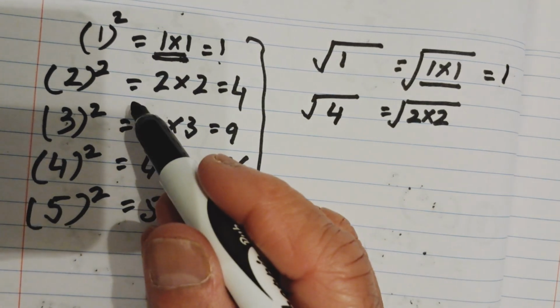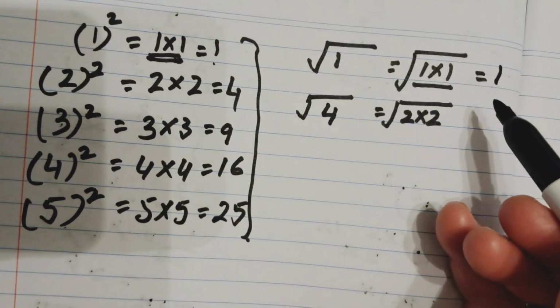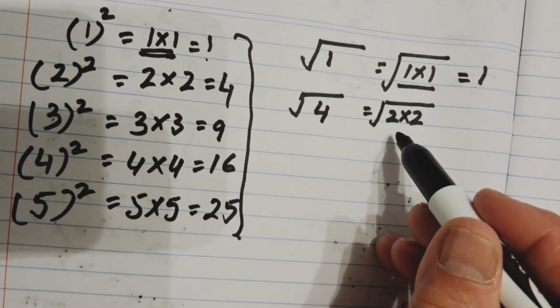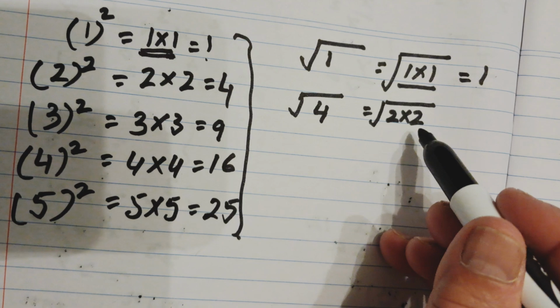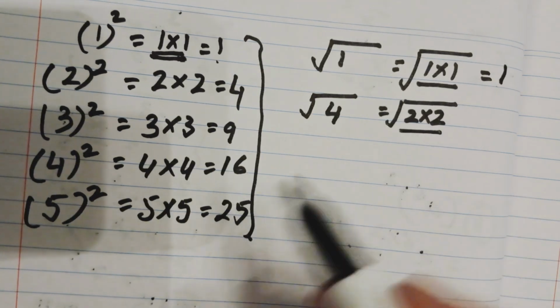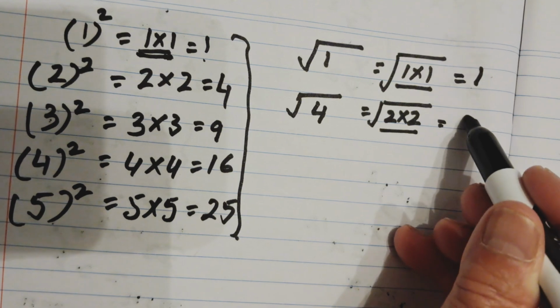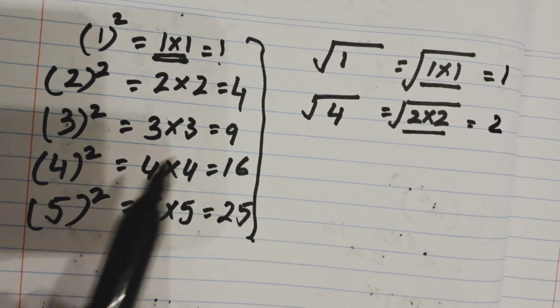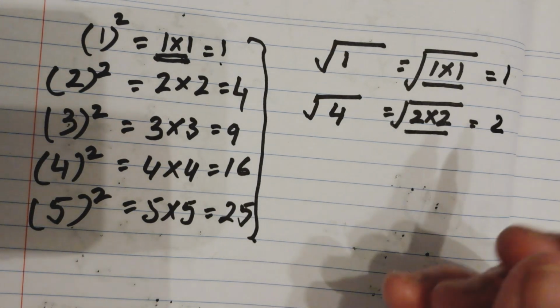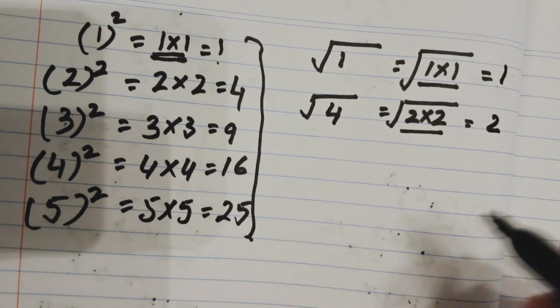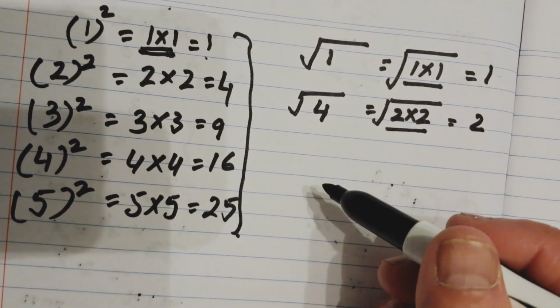In the square we multiply, in the square root we divide. So 2 multiplied by 2 is 4, and from these two numbers we pick 1 as the answer. So it's very easy when you know the timetables, and up to number 10 it's very easy. When there are larger amounts it's very hard.